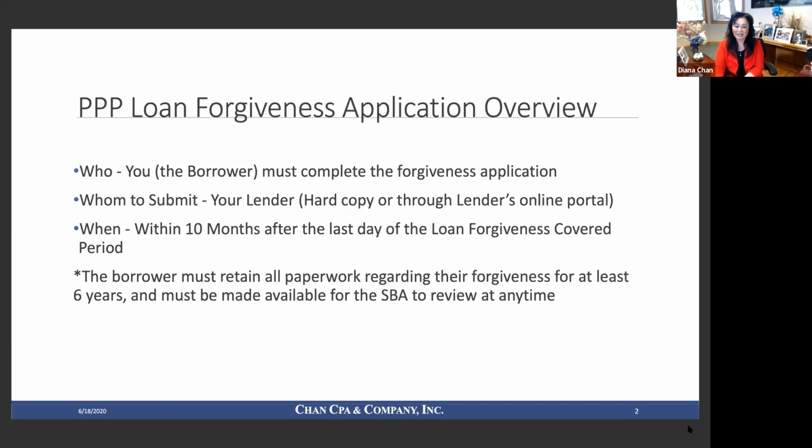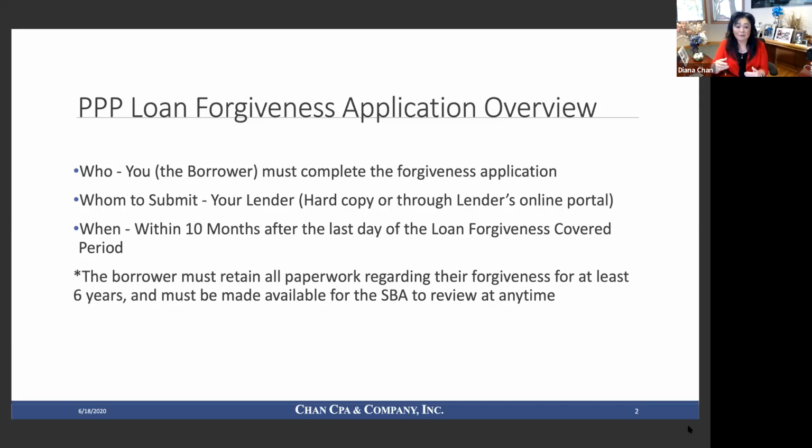Now, for the next slide, I wanted to tell you the meat and potatoes of what is going on, and that is the loan forgiveness application overview. Who is required to file the forgiveness application? You, as the borrower, must complete the forgiveness application in order to get forgiveness on your loan. Whom do you have to submit it to?